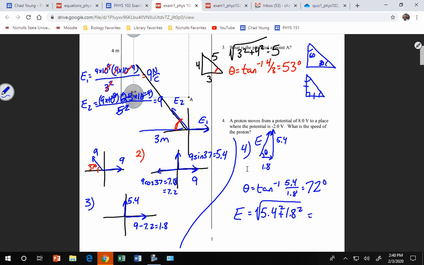Get your order of operations and all that right. It's 5.7. That's the answer, 5.7 newtons per coulomb, 72 degrees. Where is it? It's above the positive x, because it's right here, that angle right there.